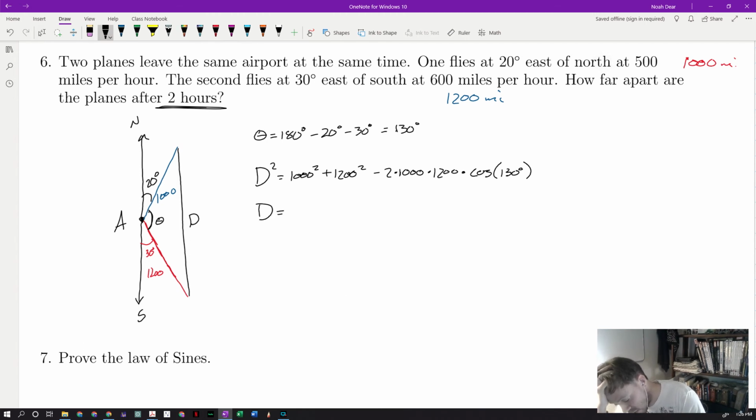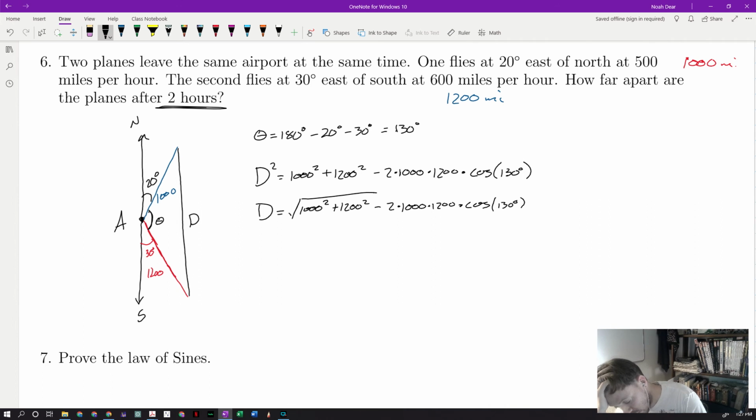So d equals the square root of all of that. I definitely don't feel like working out the arithmetic as I go here. I'll plug all of these giant numbers into the calculator and let it do the thinking.